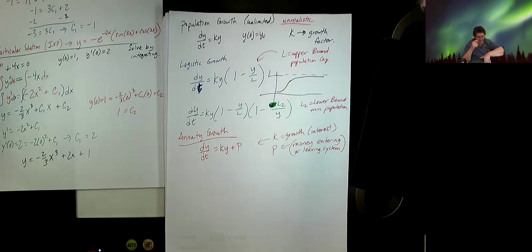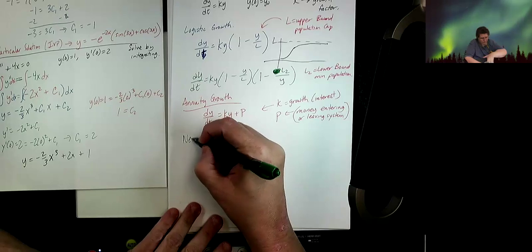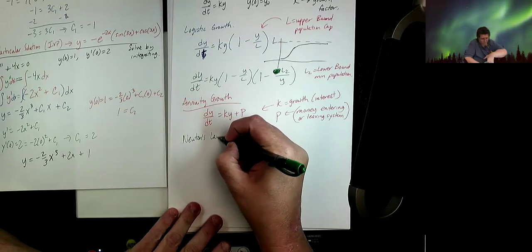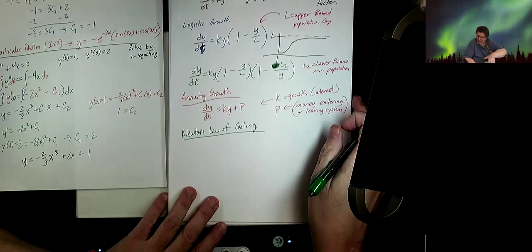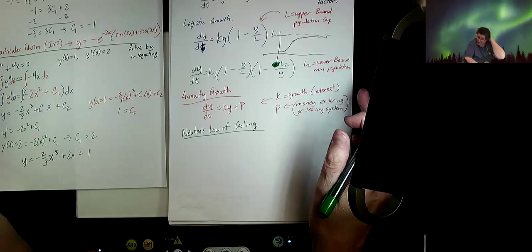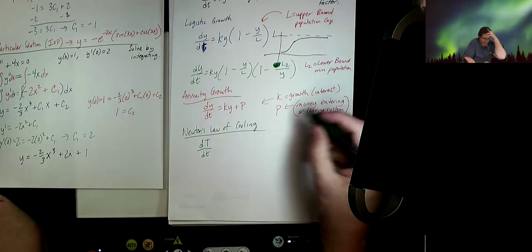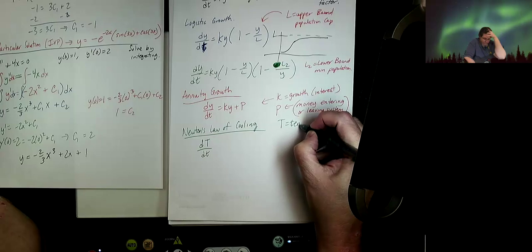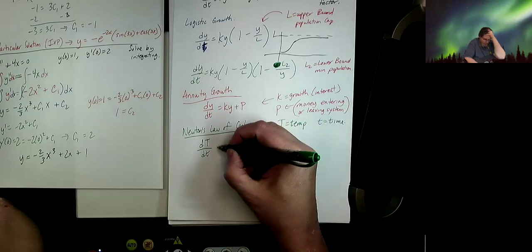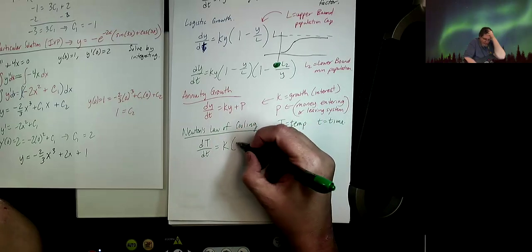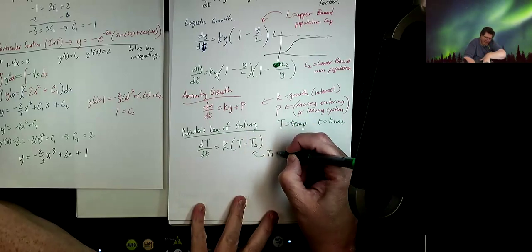And one last one: Newton's law of cooling. You will see this in physics, guaranteed. dT/dt, big T is temperature, little t is time. dT/dt equals k times (T minus Ta), where Ta is the ambient temperature.